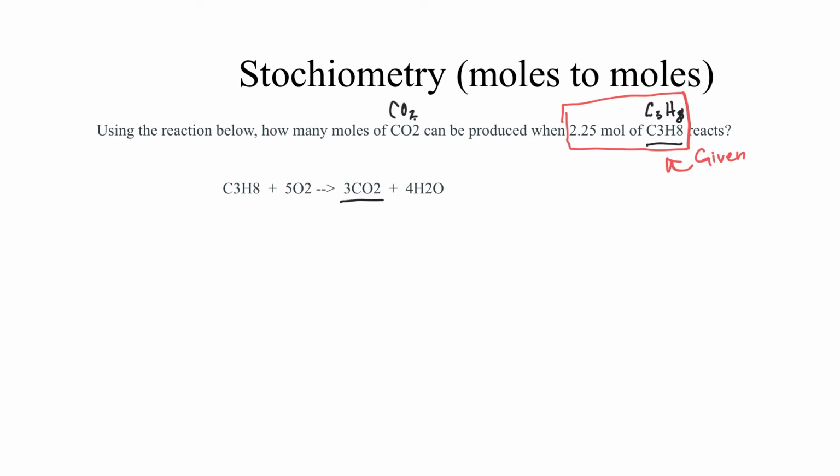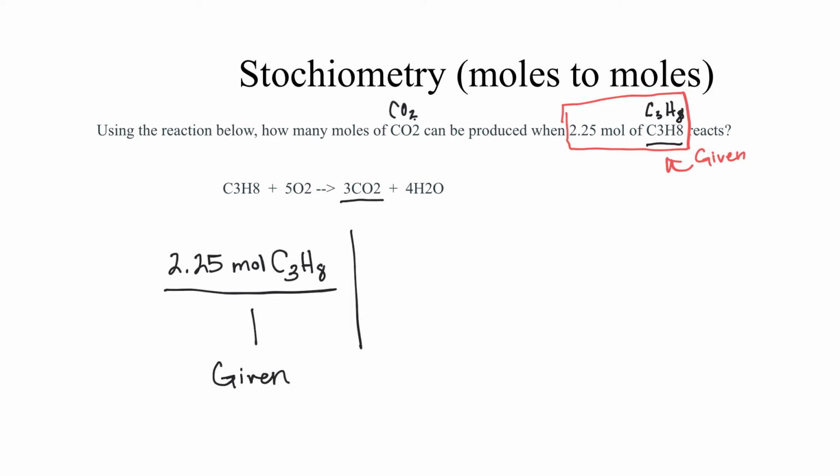And so that's what we're going to start with, and we're going to put it over 1. So 2.25 moles of C3H8 over 1. Right? And again, we're starting with our given. And now we need to put moles of C3H8 on the bottom here, right? So we can cancel.